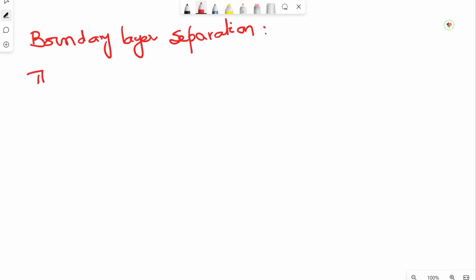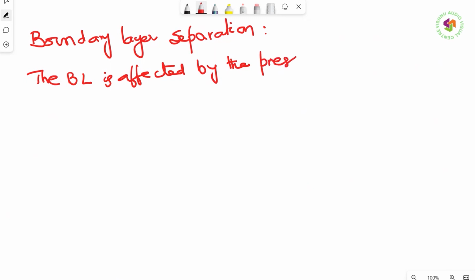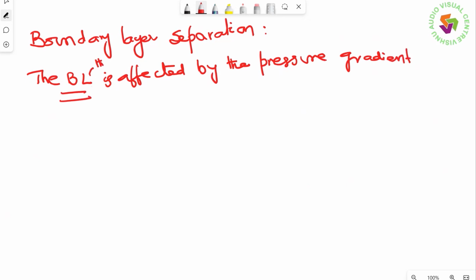The boundary layer is affected by the pressure gradient. When I say boundary layer, I mean the boundary layer thickness is affected by the pressure gradient.